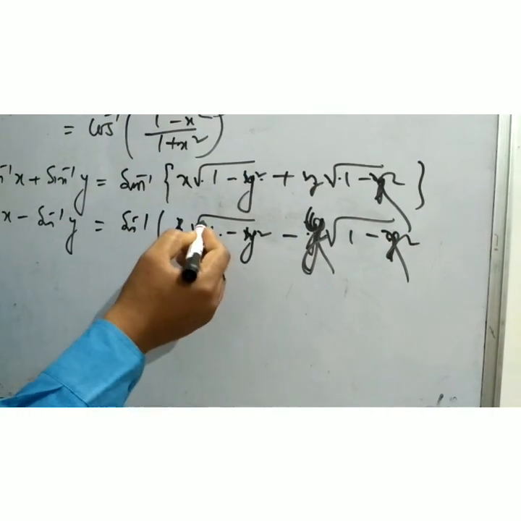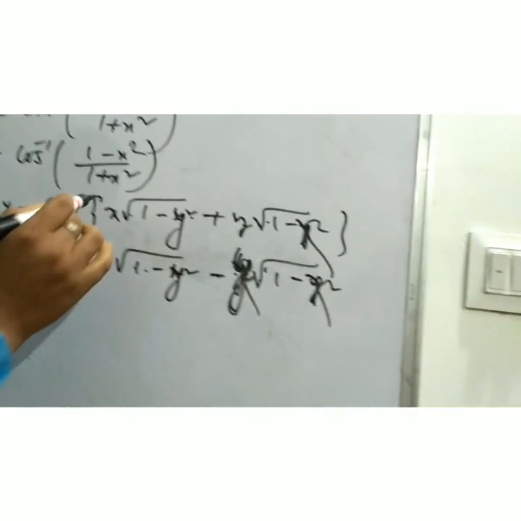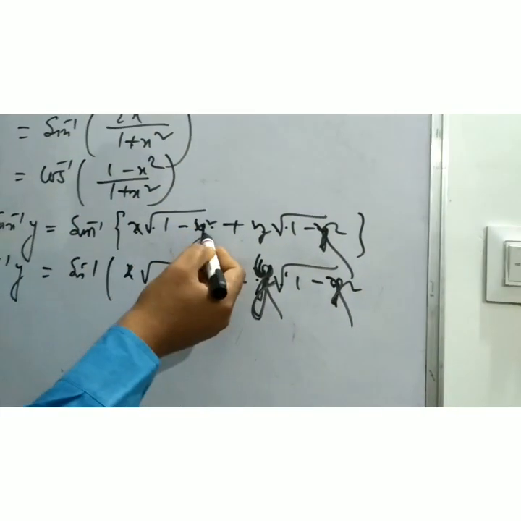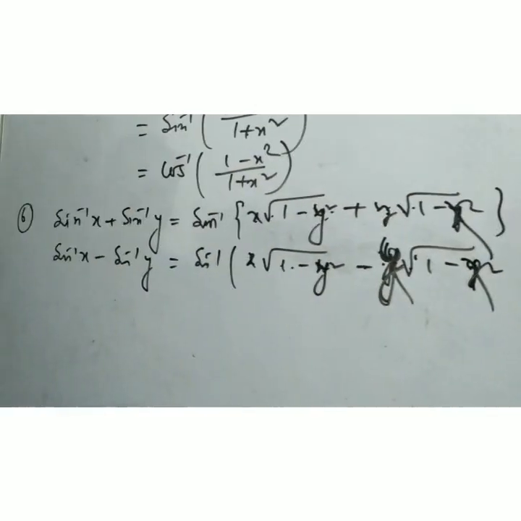Similarly, sin inverse x minus sin inverse y is sin inverse of x root over 1 minus y square minus y root over 1 minus x square. Whenever x, it will be root of 1 minus y square, and with y, it will be root of 1 minus x square. Okay, it is easy to recall.